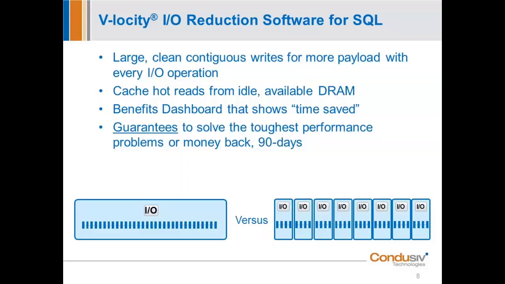We talked about the patented caching engine, and GQ will talk about that a little bit more. But again, it uses idle and available DRAM, and it does it all automatically. There's nothing for you to do in order for the caching engine to deliver its benefits.